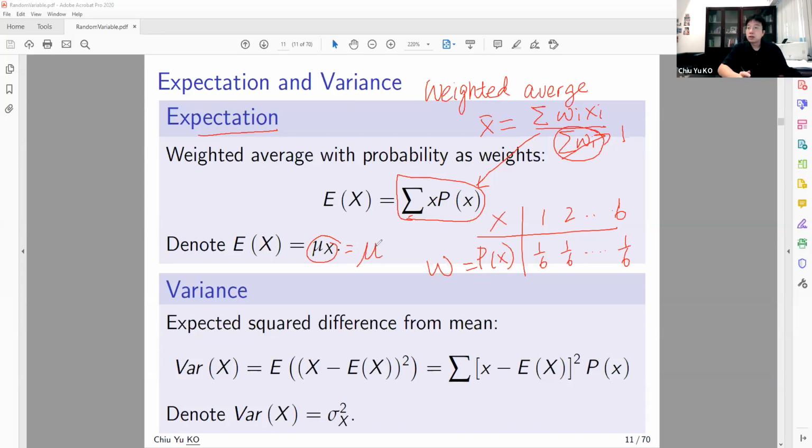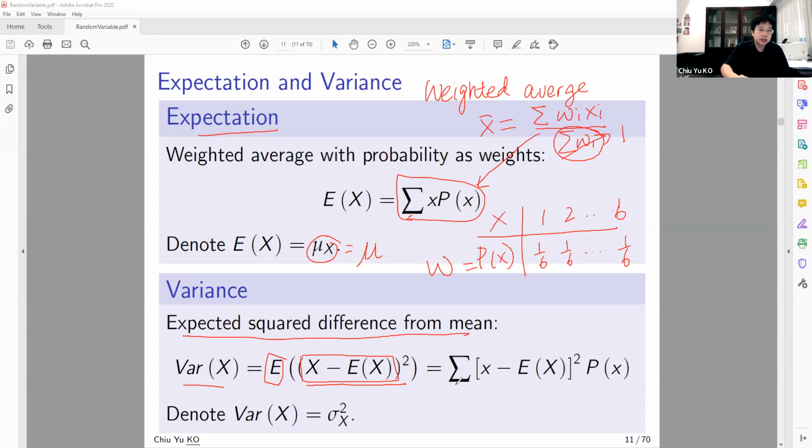The next thing we will be concerned with is what we call the variance. Probably you know the definition. The variance is the expected squared difference from the mean. Here is the quantity X, and the difference between X and the mean, take the square, and take the expectation of that.